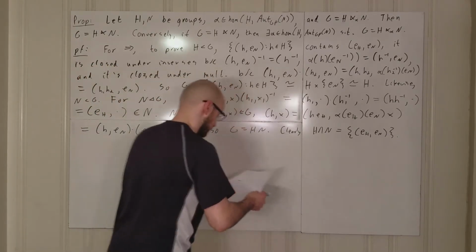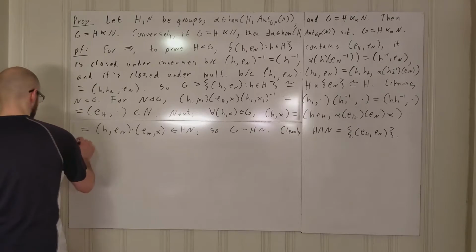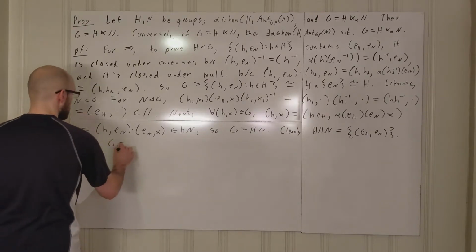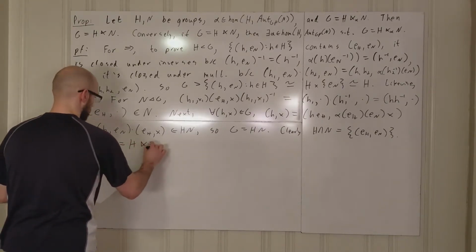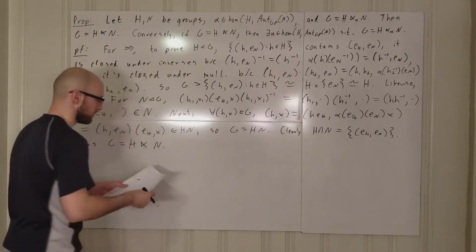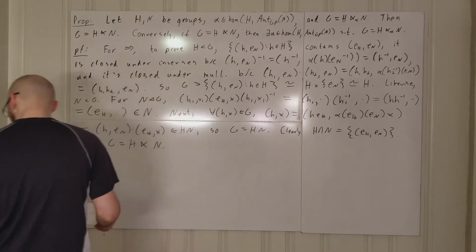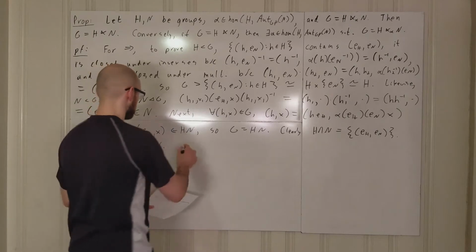So their intersection is trivial. Thus G is the direct product of H and N in the sense that we talked about before.